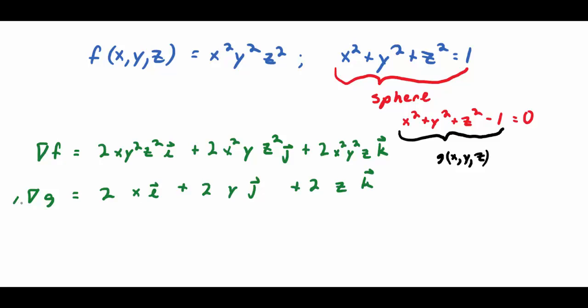And then we really want lambda del g, and I like putting in the lambda afterwards. Doesn't really matter when. And then what do I do with each component? Set them equal. Lambda del g equals del f, which means their components are equal, and by setting the corresponding components equal, that's how we get our system of equations that gives us our critical points.